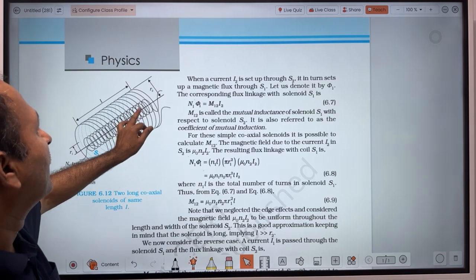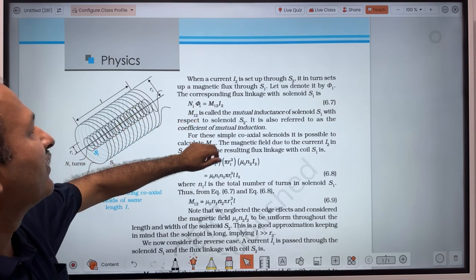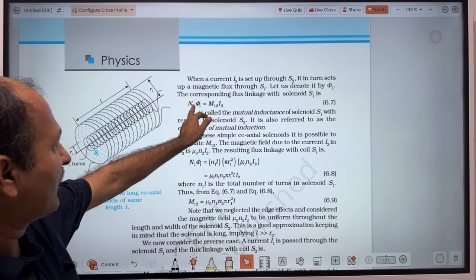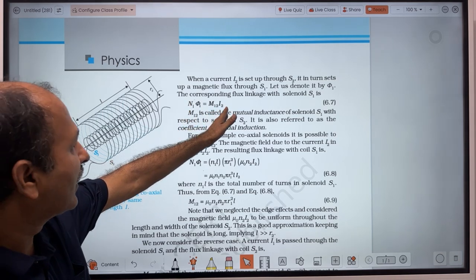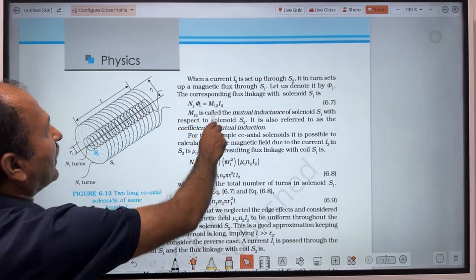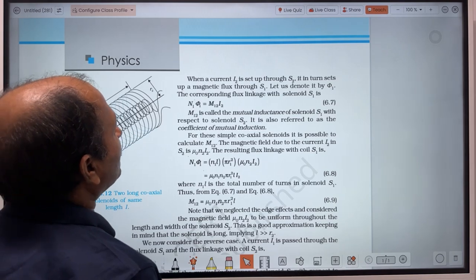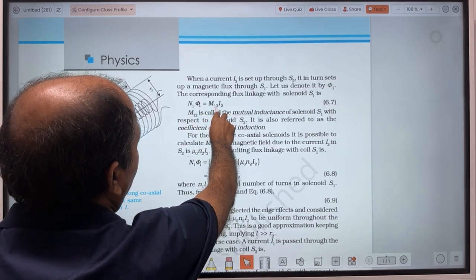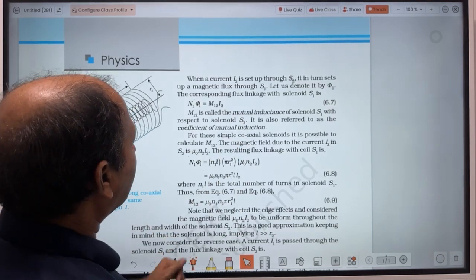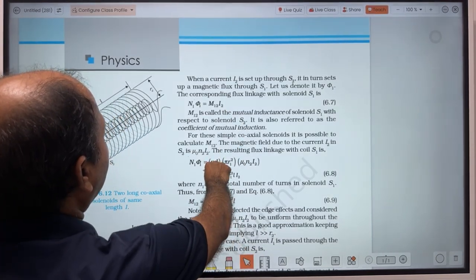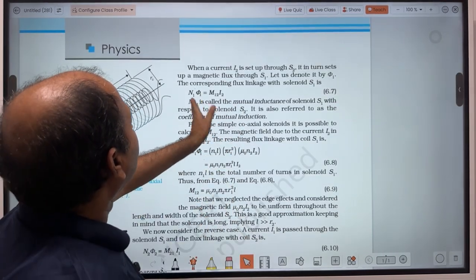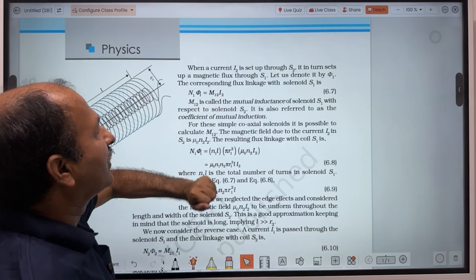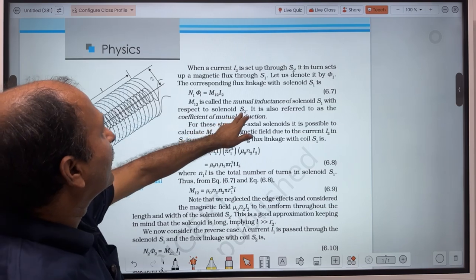So in the first coil there are N1 turns, so N1φ1 must be equal to M12 I2, since flux depends on current. Similarly, the opposite way, we get another relation, N2φ2 equal to M21 I1, right?